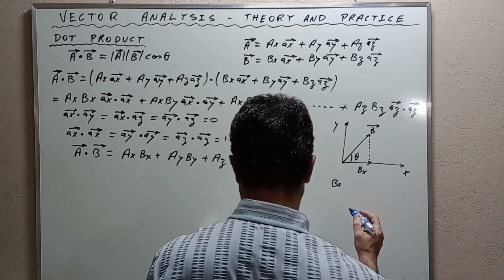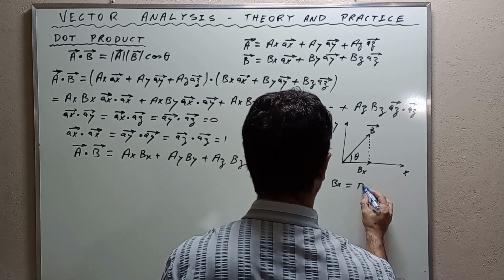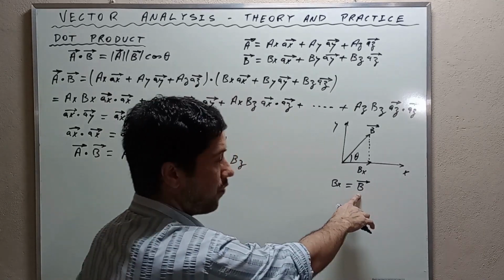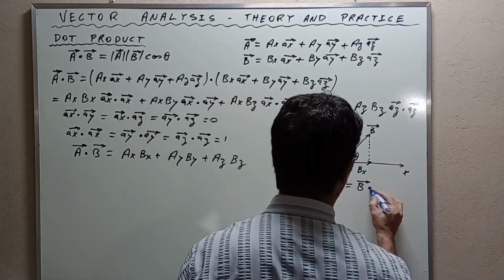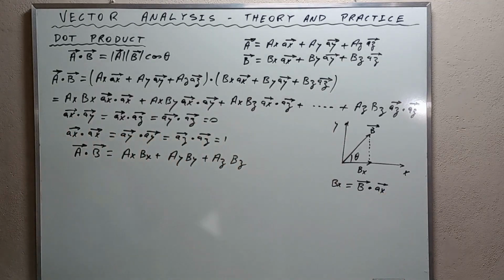bx is equal to, the magnitude, is equal to vector b in a dot product with the unit vector in the x direction. Okay, the number, not a vector, the number bx is the result of the dot product between vector b and the unit vector in the x direction.